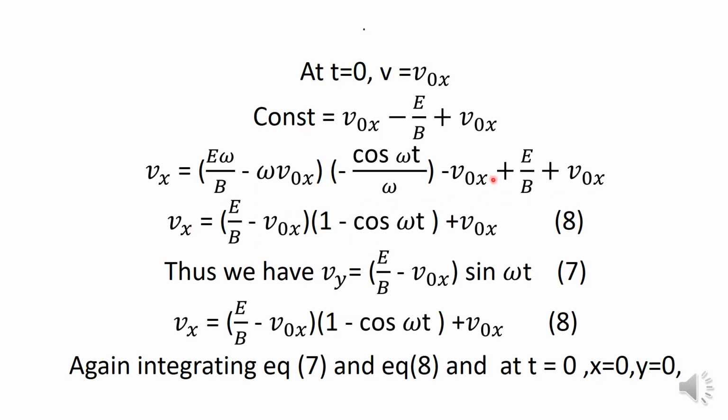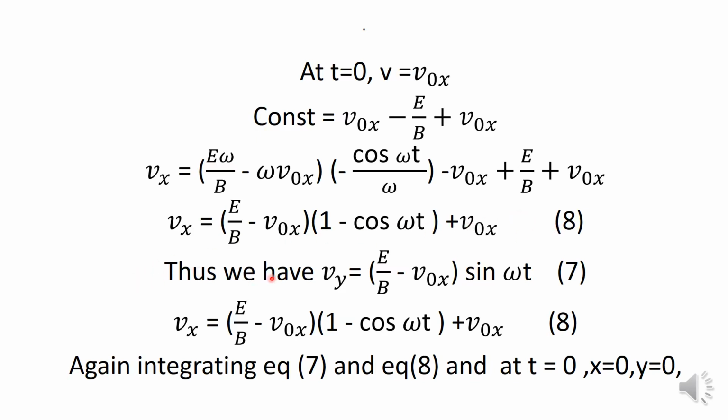Now this equation can be written in this way: vx = (E/B − v0x)(1 − cos ωt) + v0x, where we take common (E/B − v0x) and ω and ω cancel. This is equation number 8.